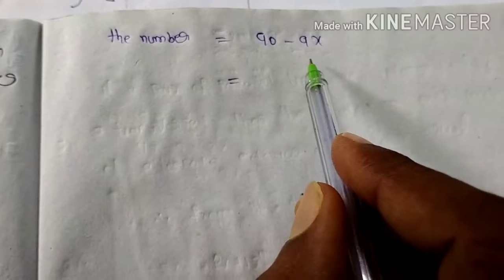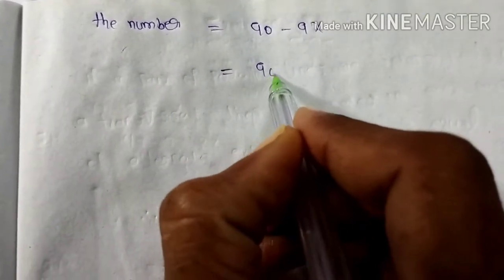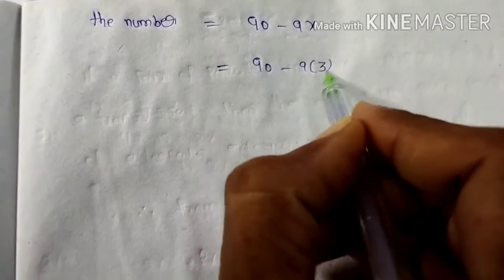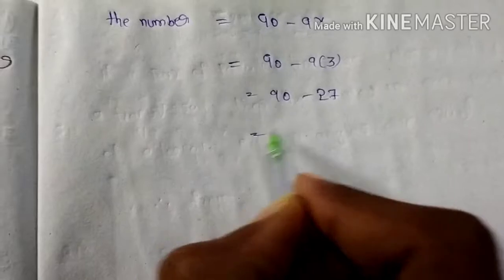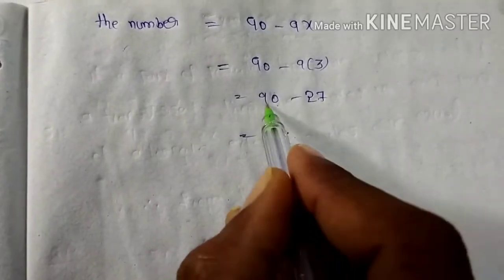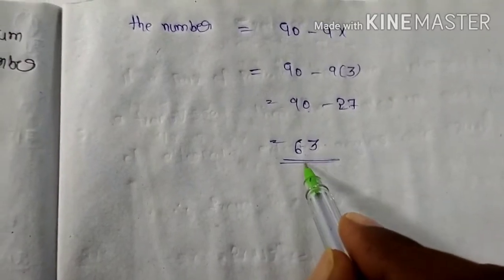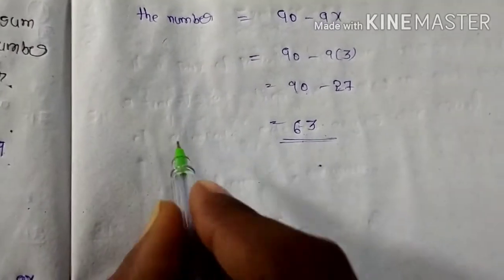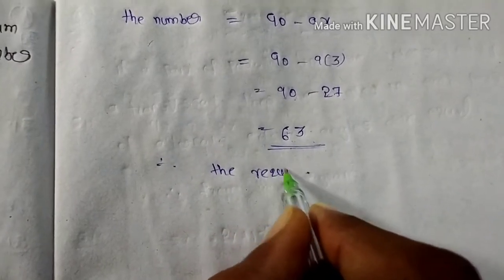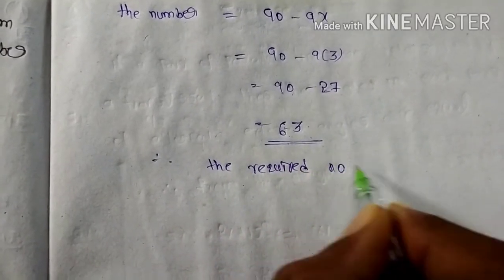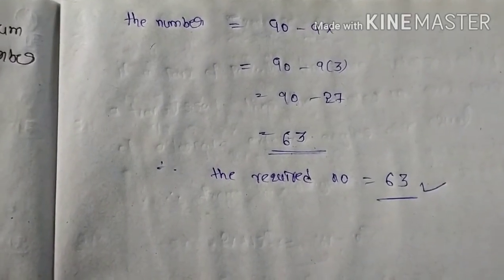Substituting x equal to 3, we write 90 minus 9 into 3. 9 times 3 is 27. 90 minus 27: 10 minus 7 is 3, and 8 minus 2 is 6. So the original number will be 63. The required number is equal to 63. 63 is your answer.